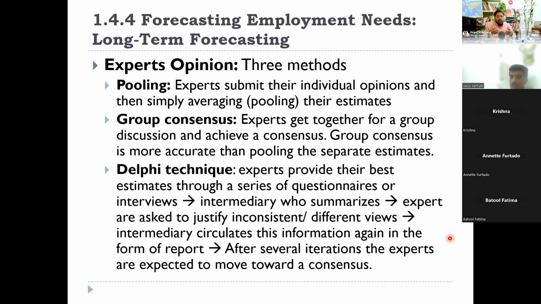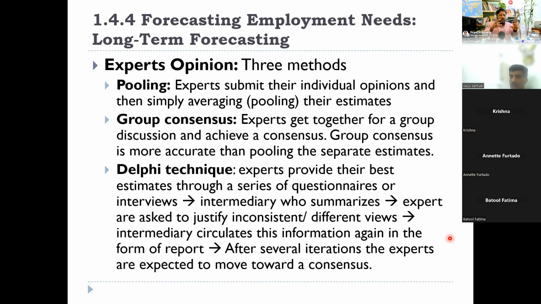Through multiple iterations of feedback and refinement, experts gradually converge towards consensus on the future talent needs. For example, you are approaching four important stakeholders, and three are giving more or less similar input.